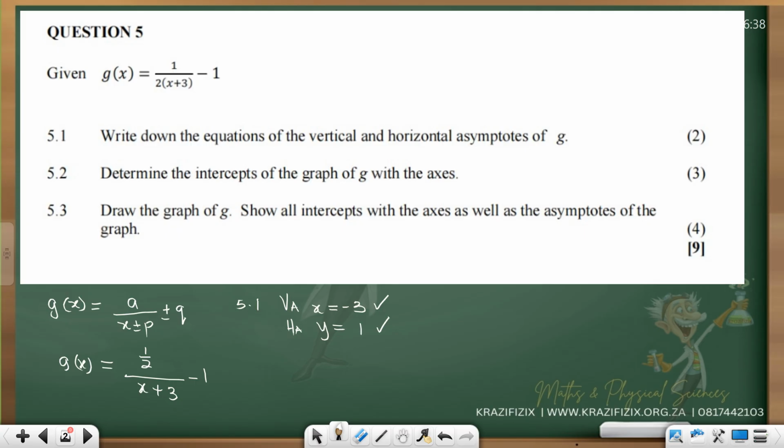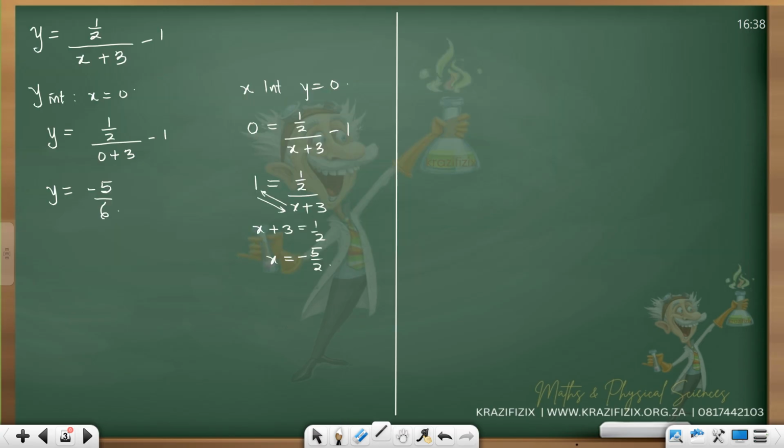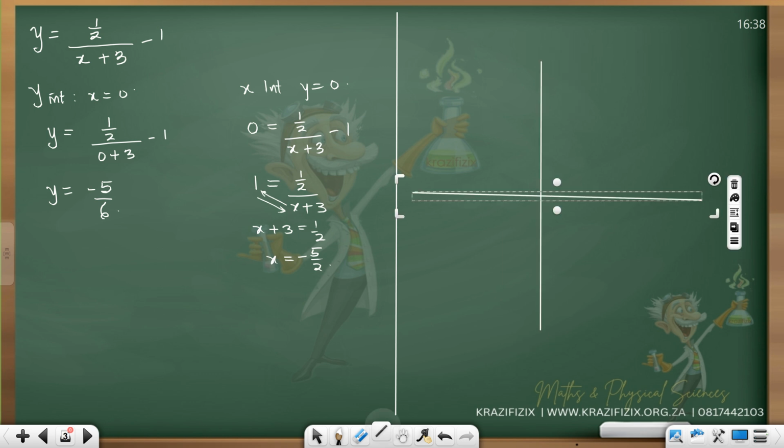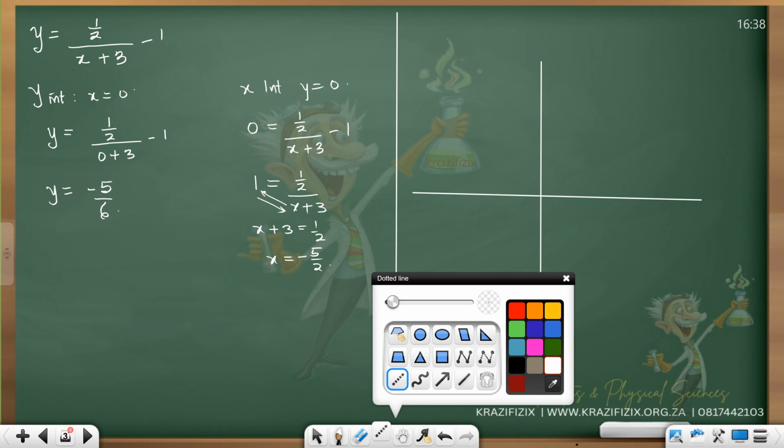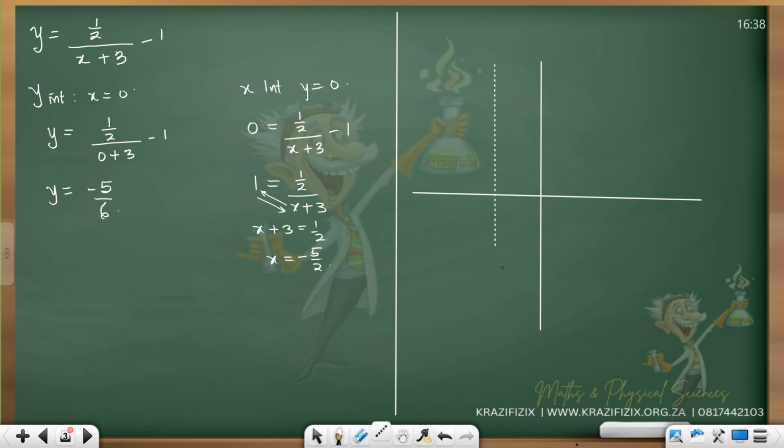Draw the graph of g. A quick graph there will be to quickly start with our asymptotes. Our asymptote at a negative value, -3, and -1. There we go. So we have y equals -1 and x equals -3.